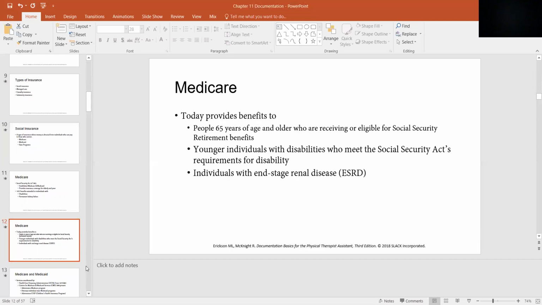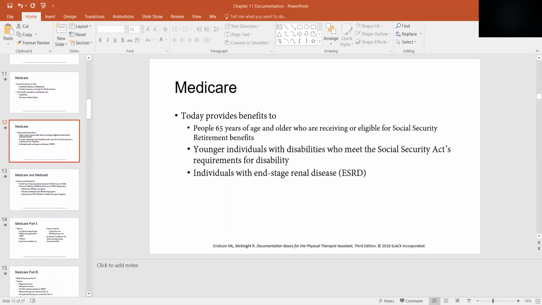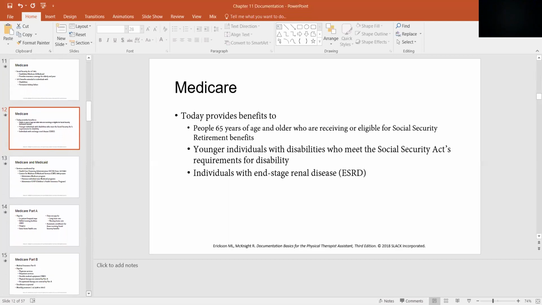Today, it provides benefits to those 65 years of age and older who are receiving or eligible for Social Security retirement benefits. I'll talk about that a little bit more in a second. It is also there for younger people with disabilities who meet Social Security Act's requirements for disability, and then again, those folks with end-stage kidney failure or renal disease.